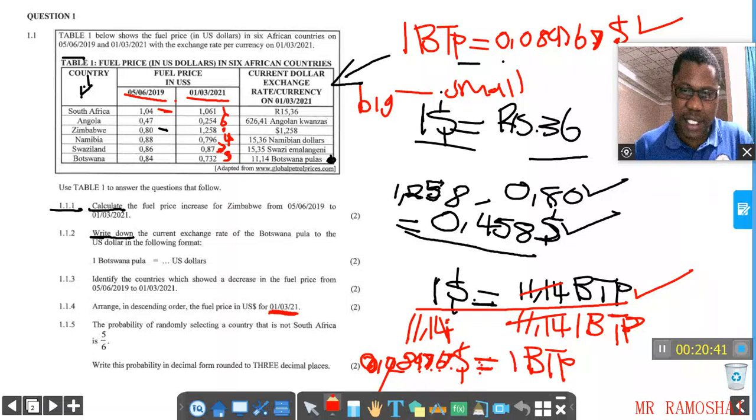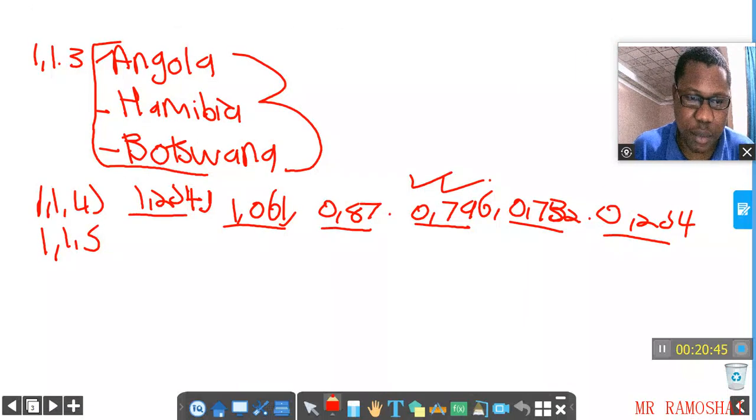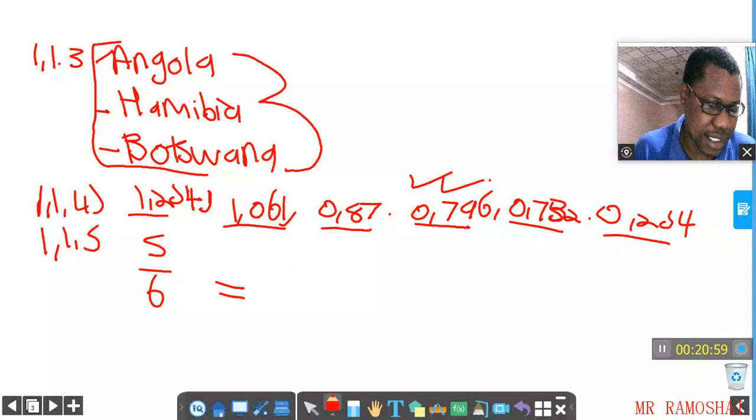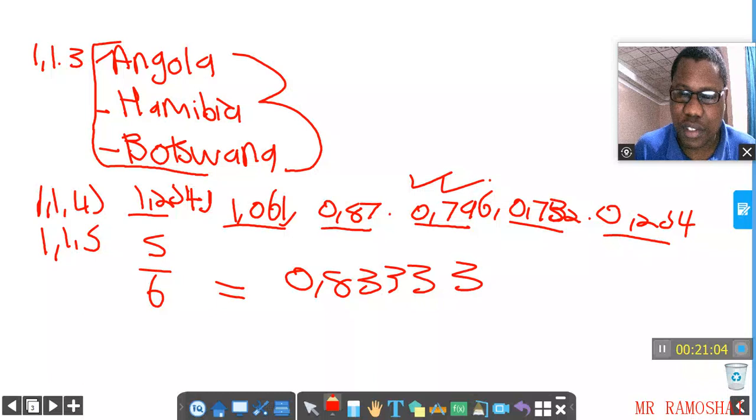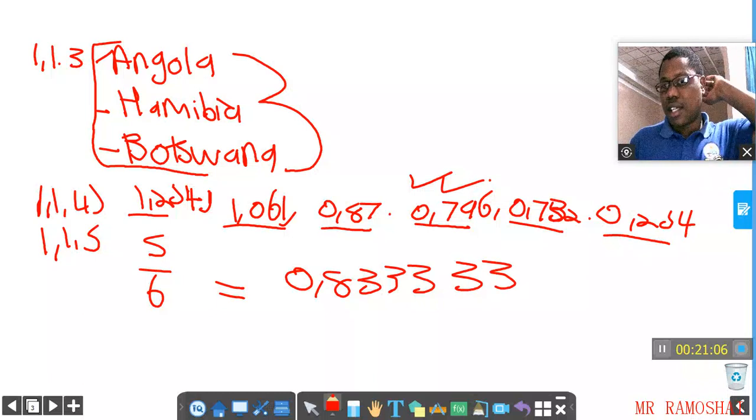5/6. It now gives me 0.8333. A lot of 3's there, but the question says round off to 3 decimal places, so it means they need 3 numbers after the comma.